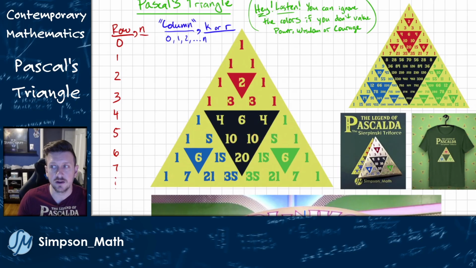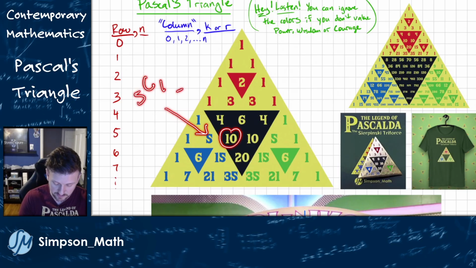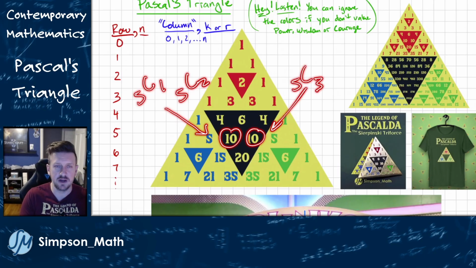In terms of combinatorics, in terms of the combination formula, the nCr, this 5 right here would be 5 choose 1. This 10 would be 5 choose 2. This other 10 would be 5 choose 3. We've talked about previously how there's some symmetry you might be noticing.